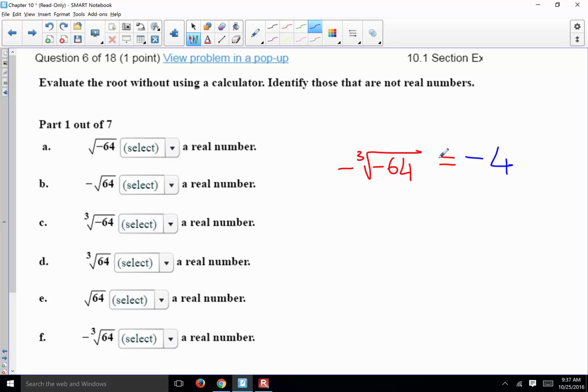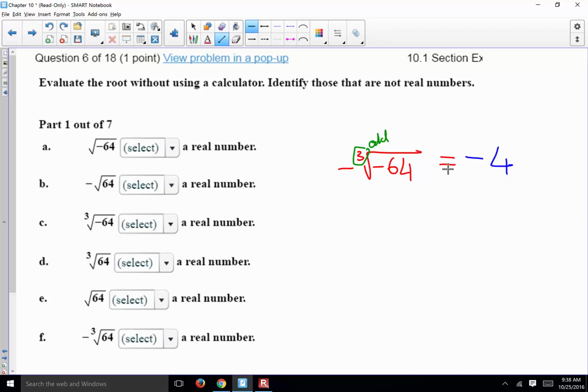Is the answer negative 4? Would it not be real just because you wouldn't be able to get an answer? No, it's a real number, because it's an odd index. Odd indexes are always going to give you an answer. You will find something. Is it negative 4 or positive 4? I think it might be positive.